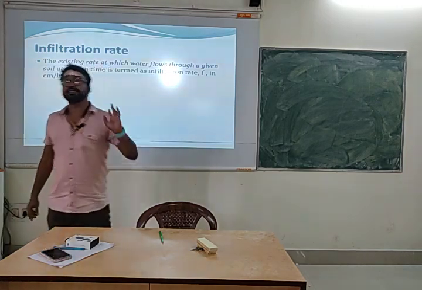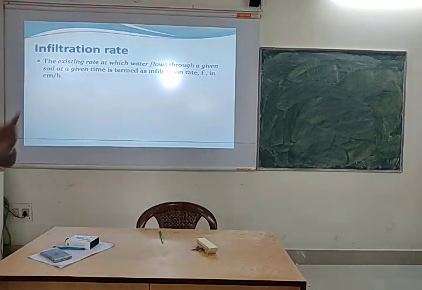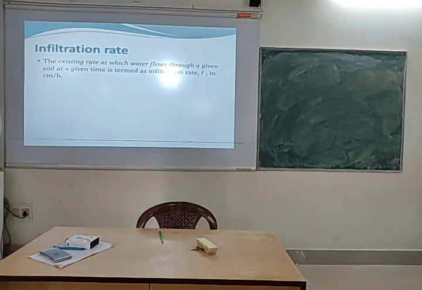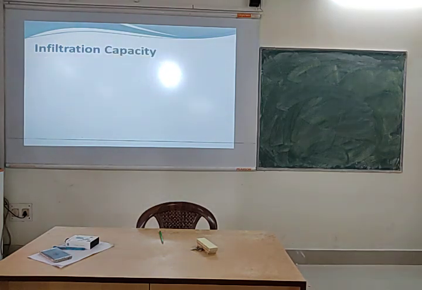Infiltration rate is nothing but the existing rate which is actually happening in your field right now. The rate will depend on many things, and the maximum rate can be different, and we have a different value for that.